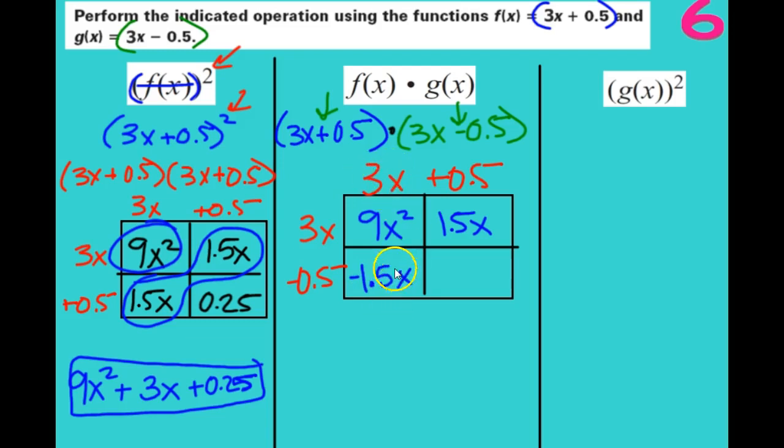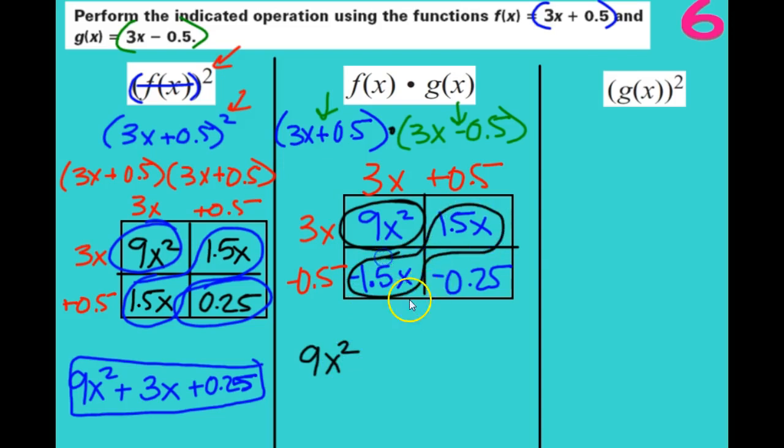And then I know these are going to make a negative. 0.5 times 0.5, we plugged in our calculator earlier, gives me 0.25. So I have 9x squared. Be careful here, a negative 1.5 and a positive 1.5 eliminate to make 0, and then I just have minus 0.25.